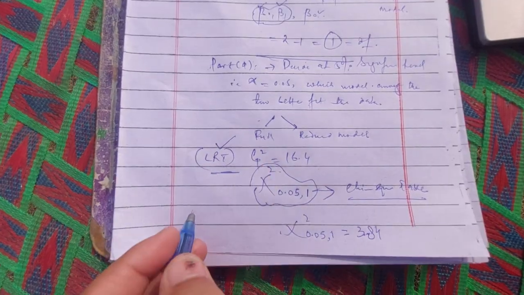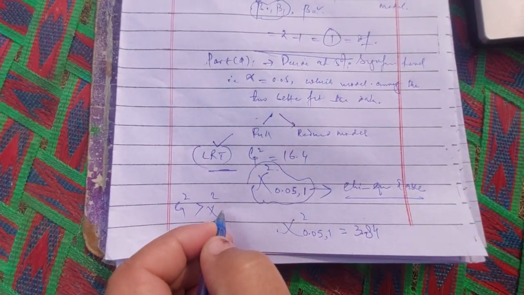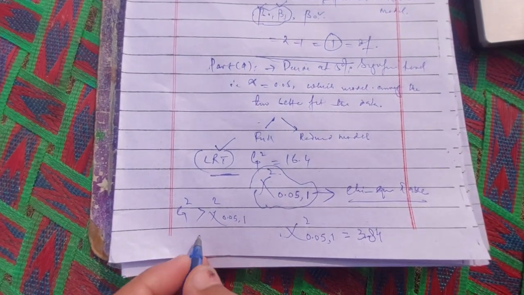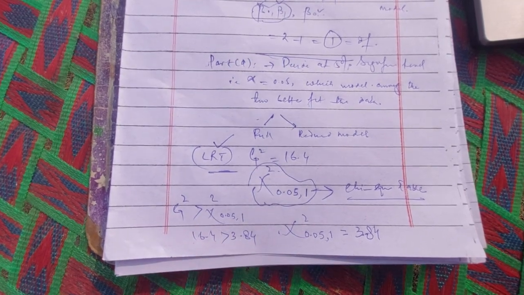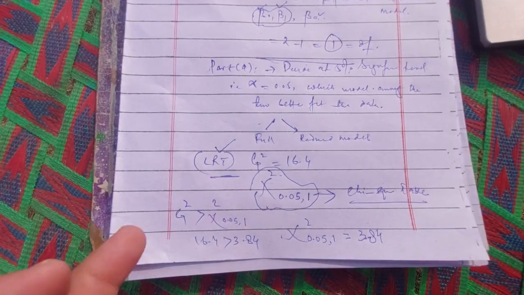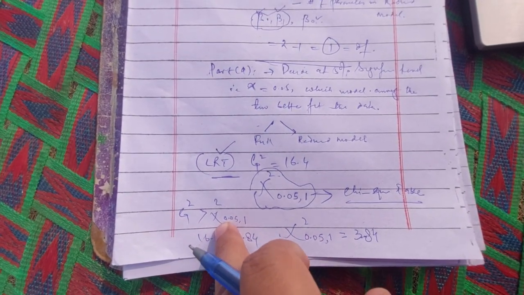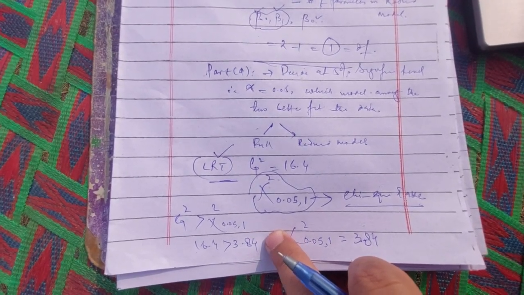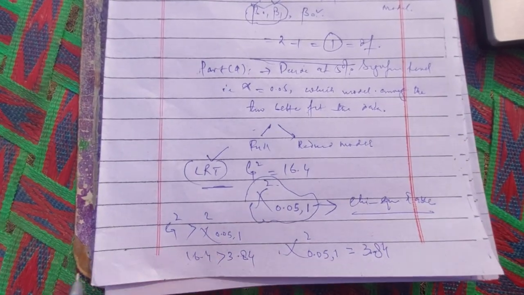This G square value is greater than the chi-square value for 5% and 1 degree of freedom. 16.4 is greater than 3.84, so this means that we reject H naught. The null hypothesis is rejected.